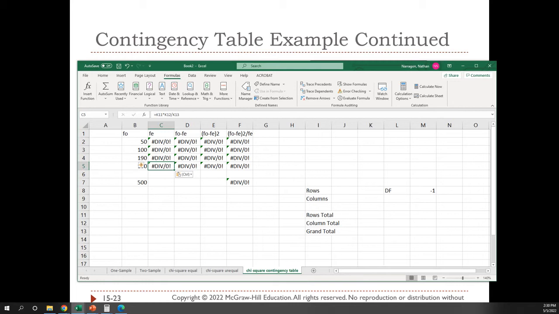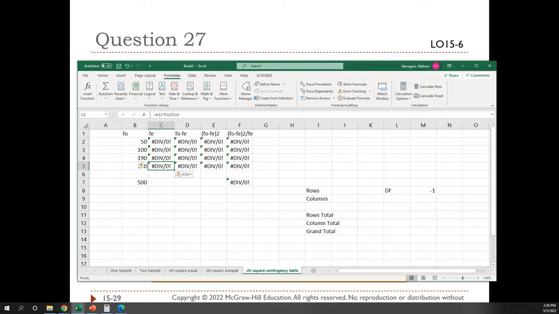So first off, let's figure out our degrees of freedom. So number of rows is 3. Number of columns is 2. So -2. So again, can't really be negative.